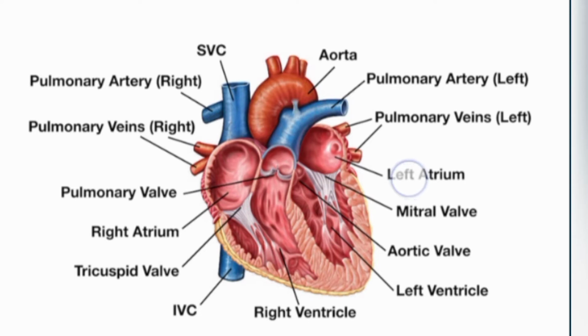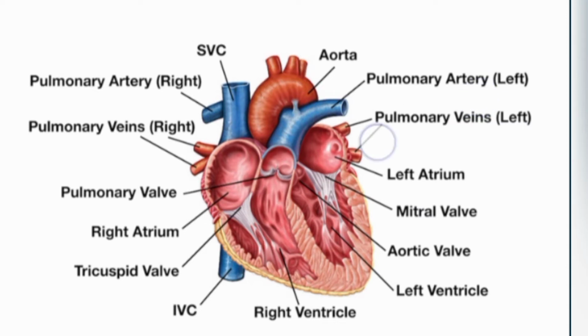All right. Now the left atrium receives oxygenated blood from the lungs through the pulmonary veins. When the blood is finally oxygenated and purified in the lungs, it enters the left atrium through the pulmonary veins.